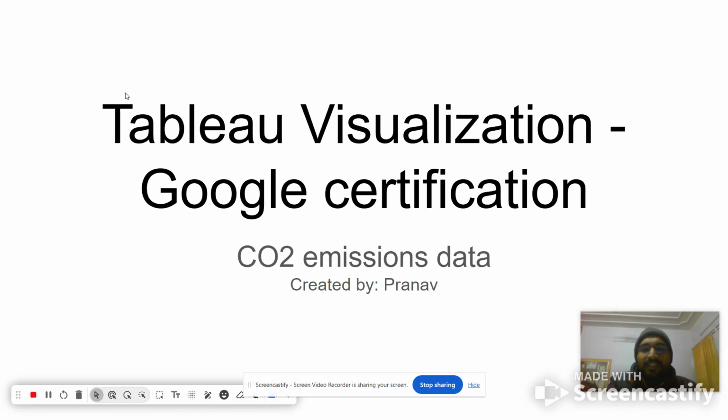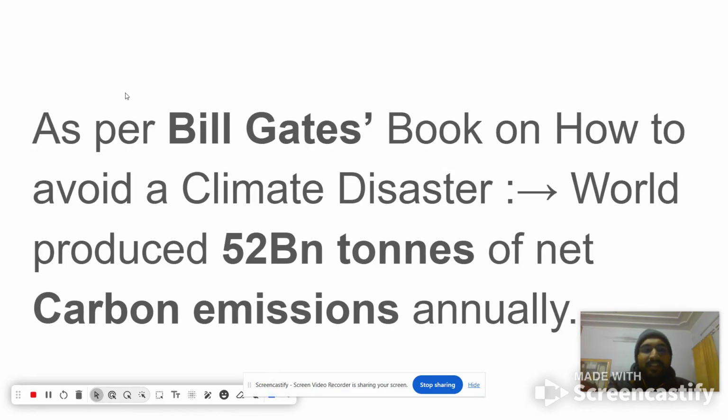Here, the major issue in carbon emissions is that, as per Bill Gates, the world produces 52 billion tons of net carbon emissions annually.